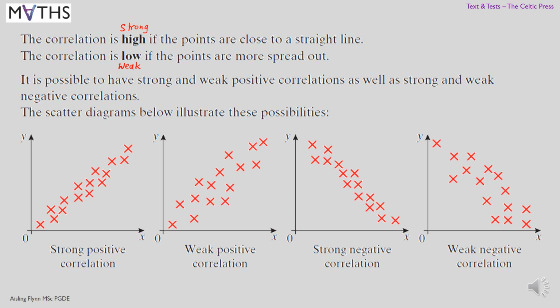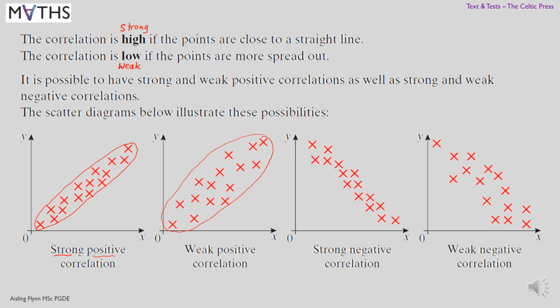The scatter diagrams below illustrate these possibilities. If you can draw a shape to enclose all your data, that's quite a narrow oval, we'll call that strong, and the line is rising, x increases with y, both increase, so it's strong positive. Now if you look at the next one and try and enclose them, it's much more spread out.